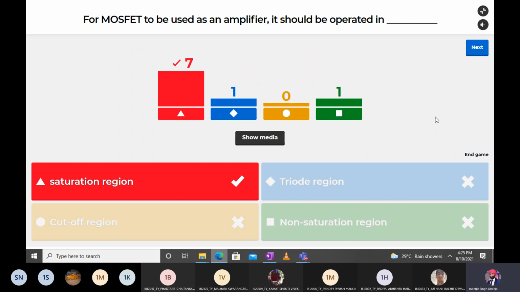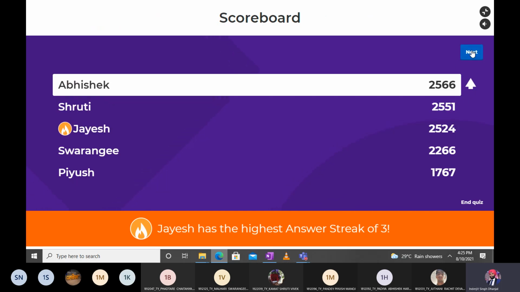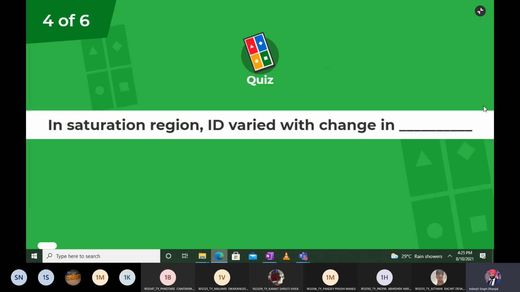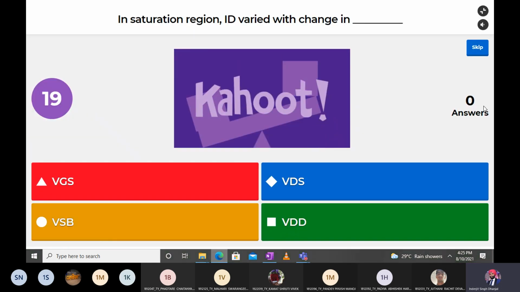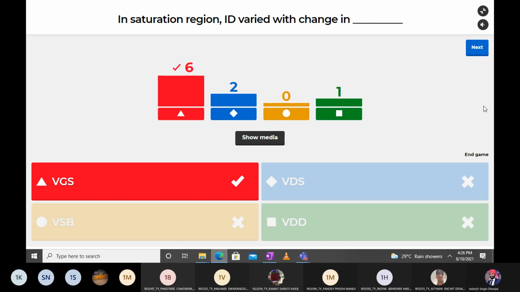Yes, the saturation region is the correct answer. In the saturation region, the ID changes with VGS, and there is a very minor change with VDS.